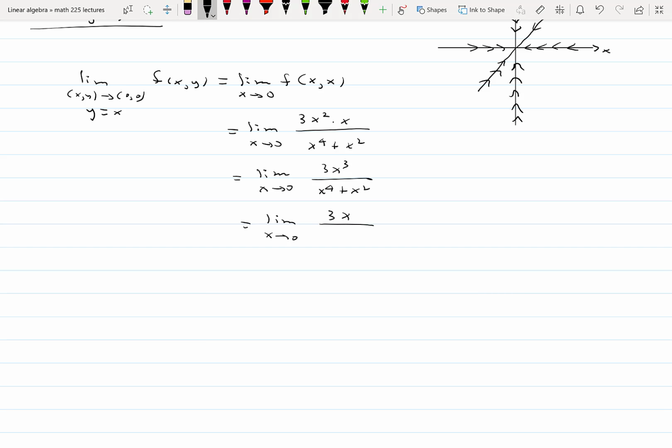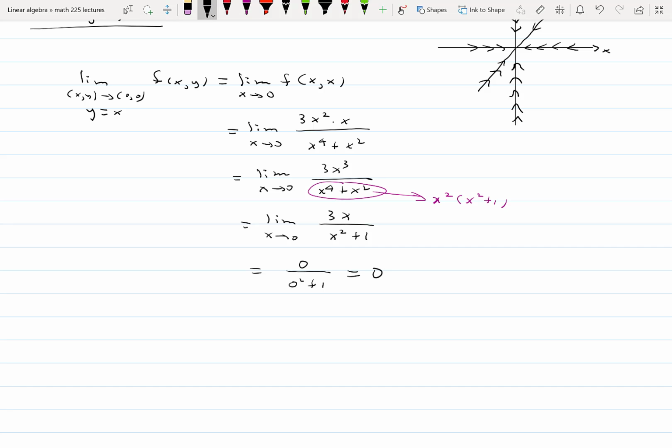So I'm really looking at 3x over x squared plus 1. Again, I used the fact that x to the fourth plus x squared is x squared times x squared plus 1. So let x approach 0. As x approaches 0, 3 times x approaches 0 over 0 squared plus 1, and this is 0.